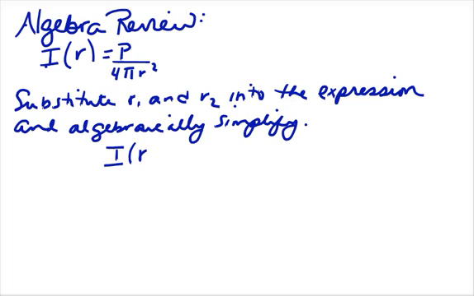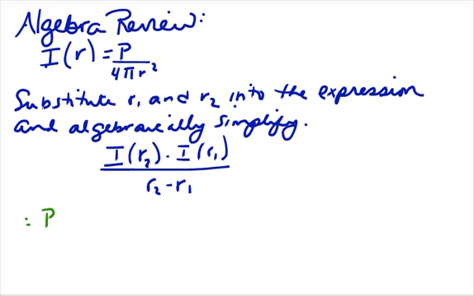So the original expression involved these 2 functions and this denominator. Okay, so we're going to substitute in, that's the first step, R2 into the equation. So substituting, which is an important algebraic concept, R2 into the equation.